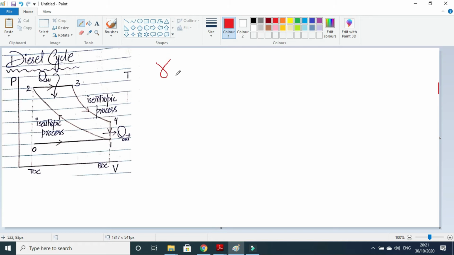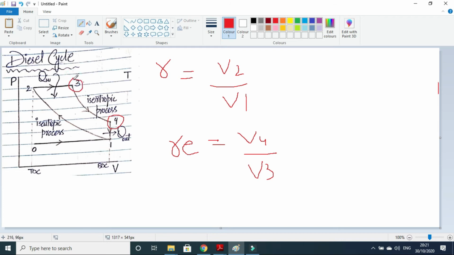Compression ratio is V2 upon V1, and expansion ratio will be between process 3 to 4. So V4 upon V3 will be the expansion ratio, volume at 4 divided by volume at 3, because volume at 4 will be greater than volume at 3.